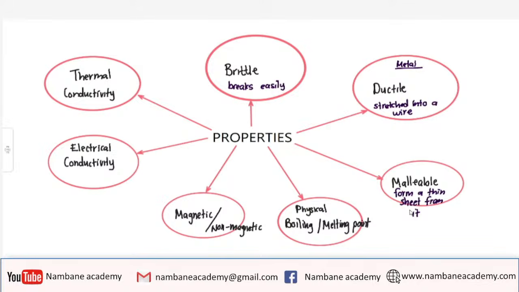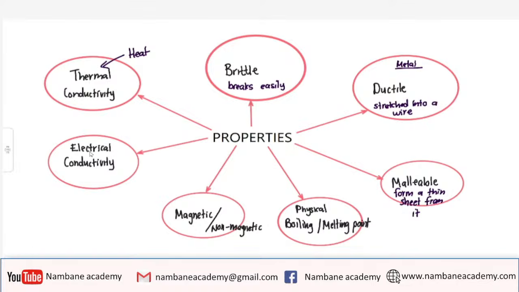Then the others are easy now. When it comes to thermal conductivity, thermal means heat. So that is the ability of that object to conduct heat. Because we call some insulators and some we call conductors. So something can insulate you from heat like a sleeping bag, and others will conduct heat like a pot, for example.